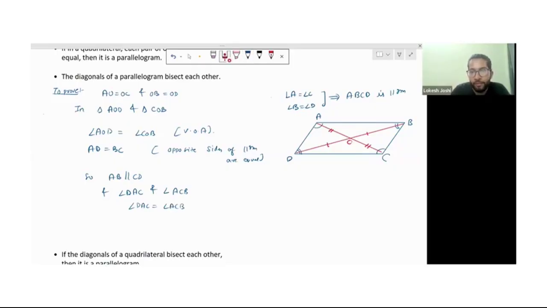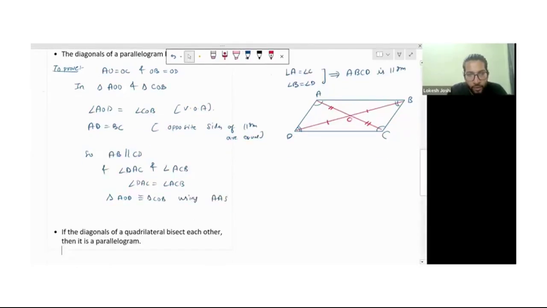Now what we have, these sides are equal, these angles are equal, and this is also equal. So using the criteria of angle side, triangle AOD is congruent to triangle COB using angle side criteria.